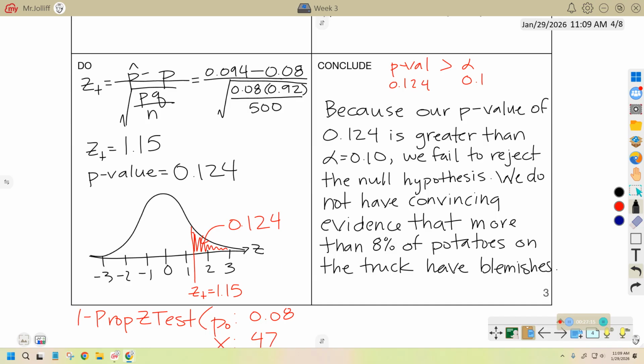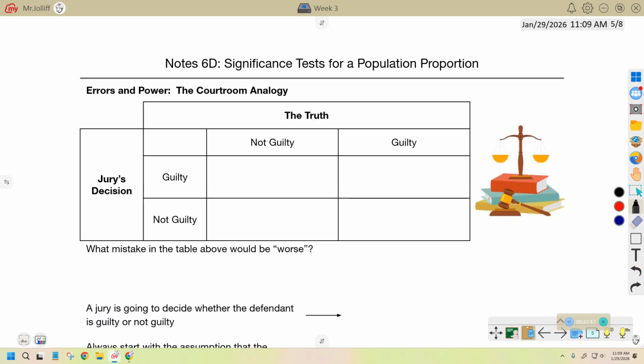We have one more thing we need to talk about: the concept of errors and power in a test. We're going to kick off this section with an analogy. We are going to pretend that we are jurors in a jury trial.